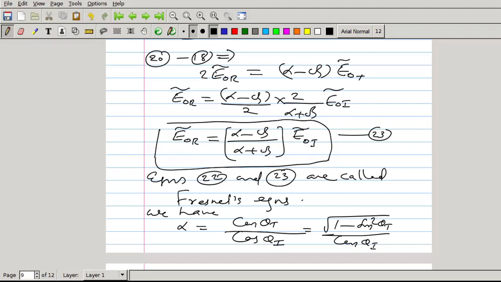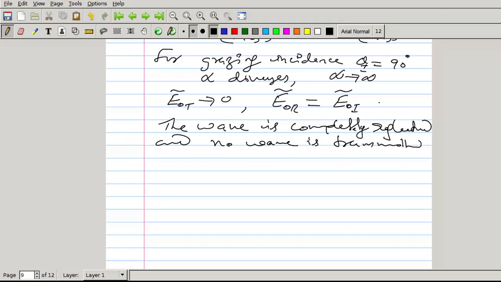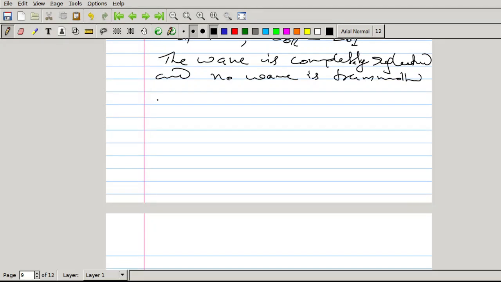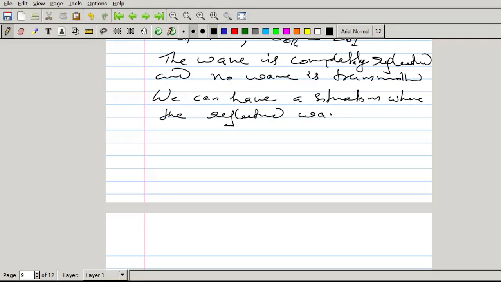So interestingly, we can have a situation where the reflected wave is extinguished, reflected wave E0R equal to 0, when beta equal to alpha.